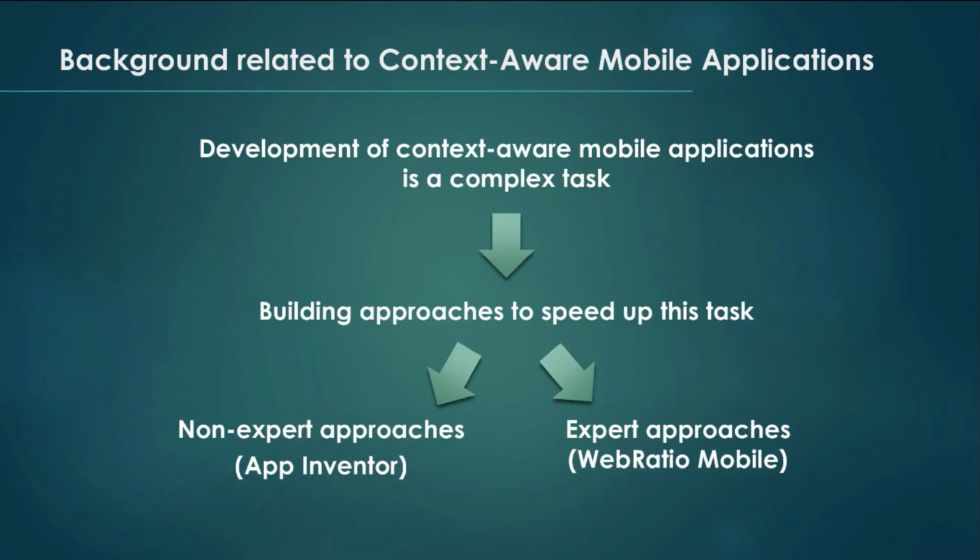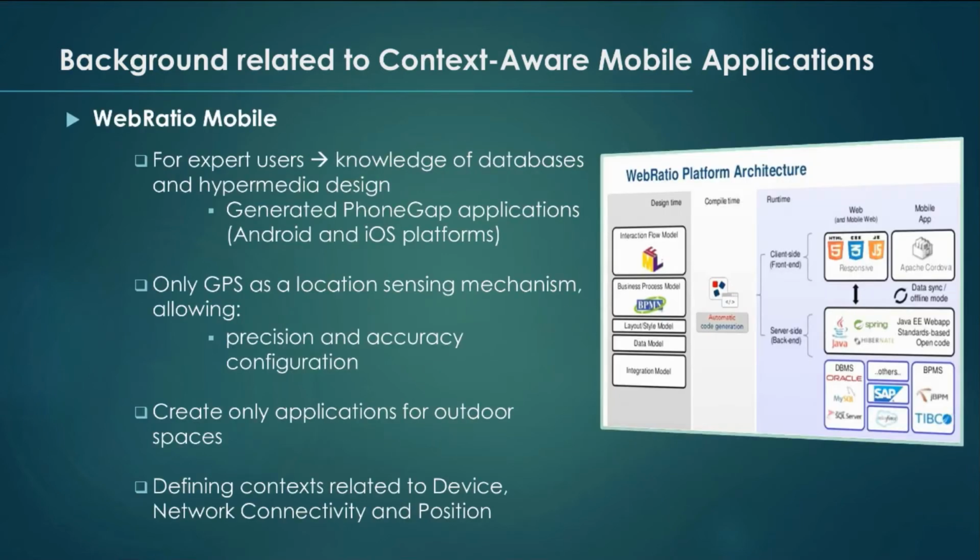So, a development approach for expert people is WebRatio. WebRatio is only for expert users and works only for GPS and location sensing, precision and accuracy configuration, and creates only applications for outdoor.